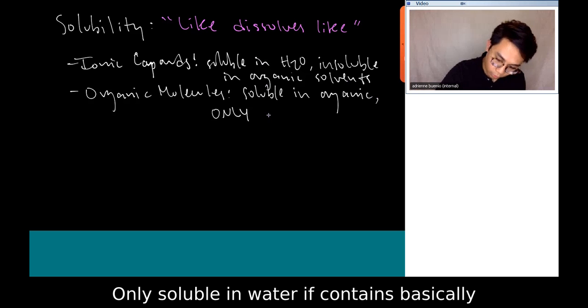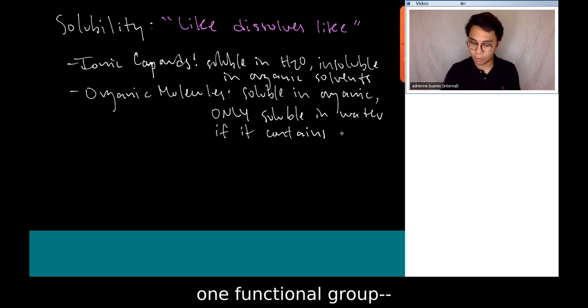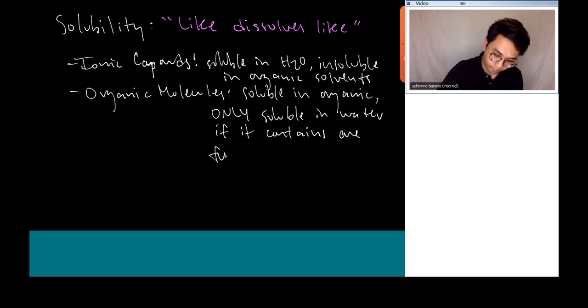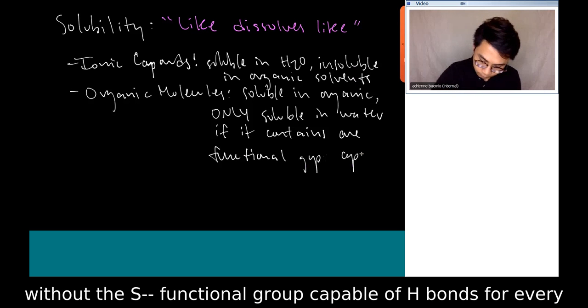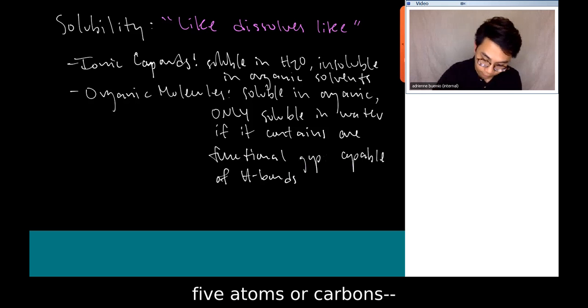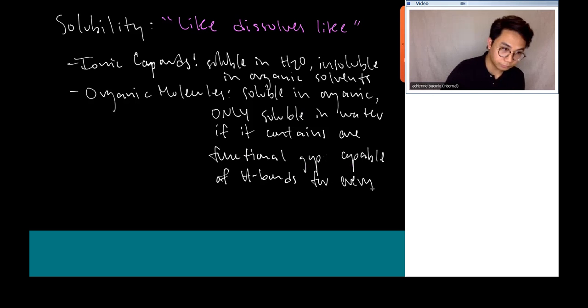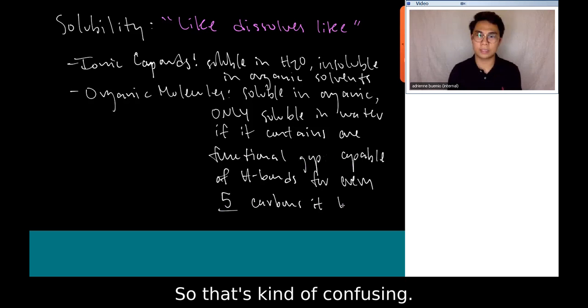Organic molecules are only soluble in water if they contain basically one functional group capable of H bonds for every 5 carbons it has. So that's kind of confusing, right?